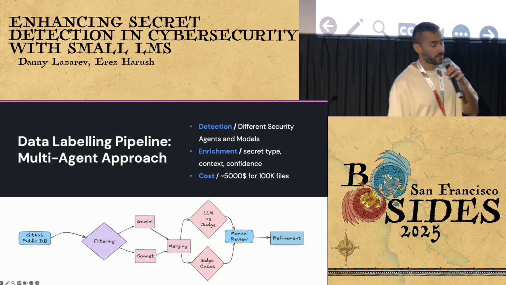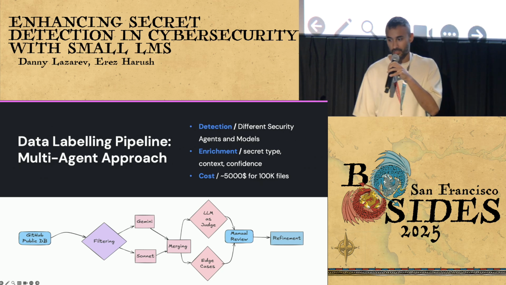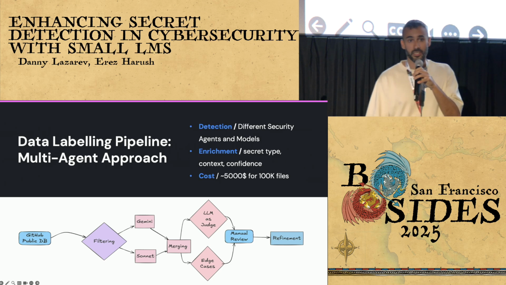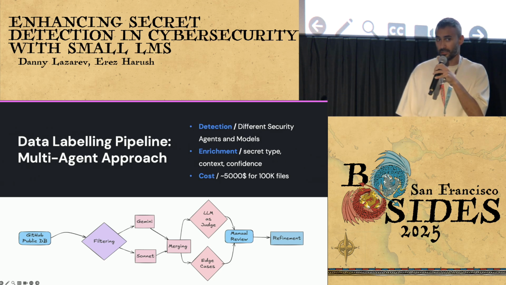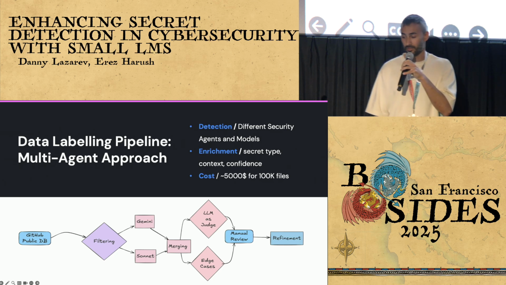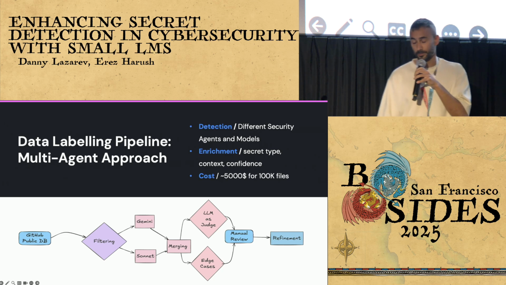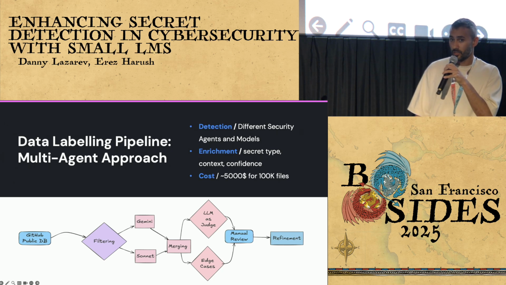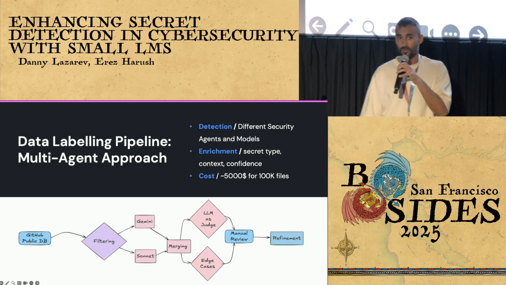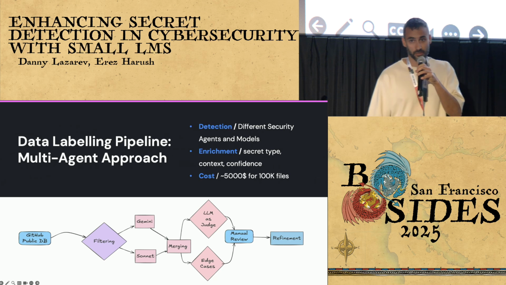Today we have LLMs, so we decided to automate the process as much as we can and use a multi-agent approach. We started with a really large data set that is not categorized at all, which is GitHub Archive. It's a project with all the public data from GitHub. Then we use basic filtering with some basic keywords, and we also filter only the data that we can use for training and evaluation according to the code license.